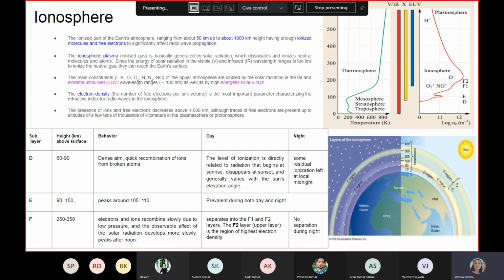So naturally, this layer is directly proportional to the energy obtained during the day, and it also varies with the sun's elevation angle. As the sun sets, the ionization decreases. At night, some residual ionization may remain, less at local midnight, but it is naturally very low because it is the densest layer. Next comes the E layer.